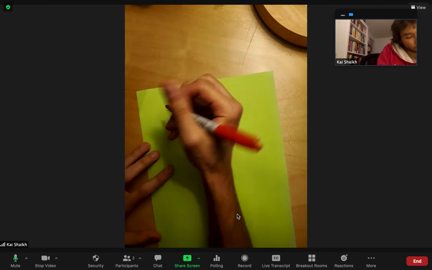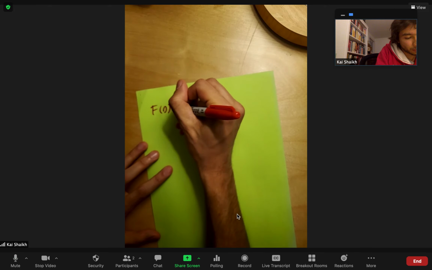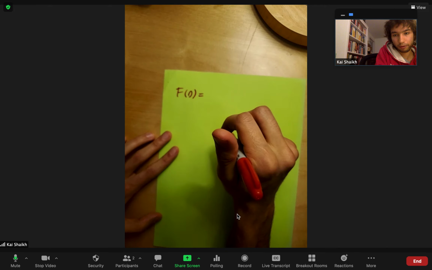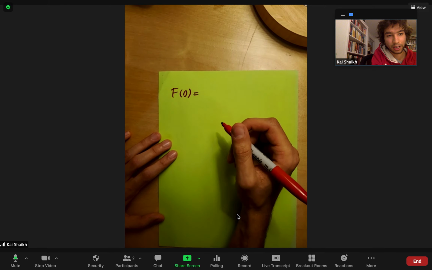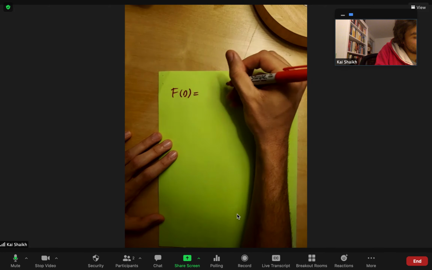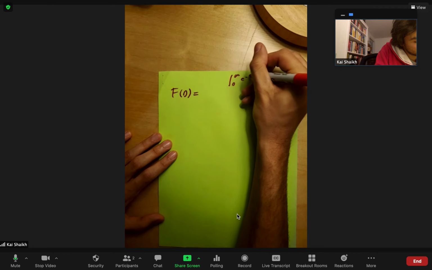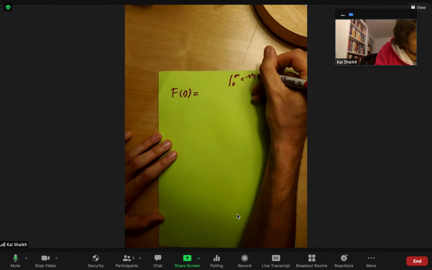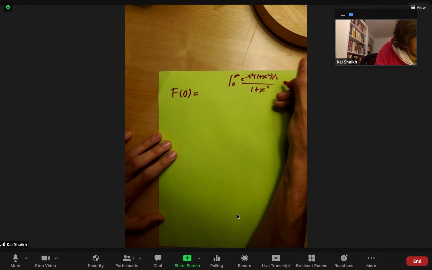What's f of 0? F of 0 is plugging t equals 0 into the integral we had before. Just to recall, it's the integral from 0 to infinity of e to the minus t squared (1 plus x squared) over 2, over 1 plus x squared, dx.